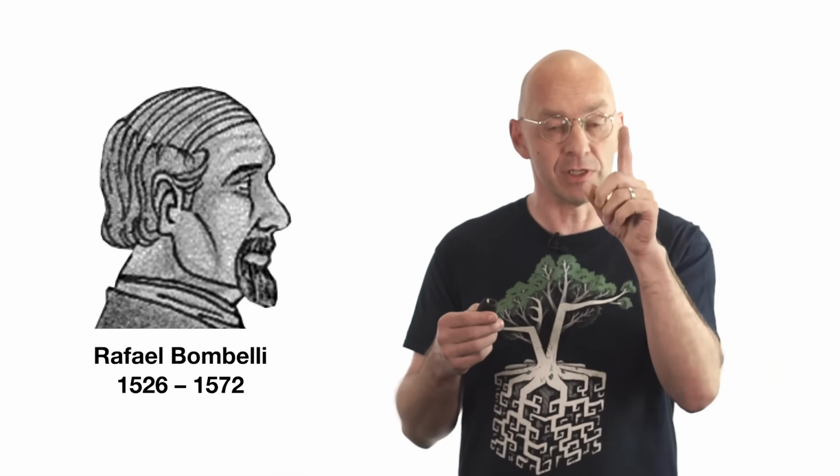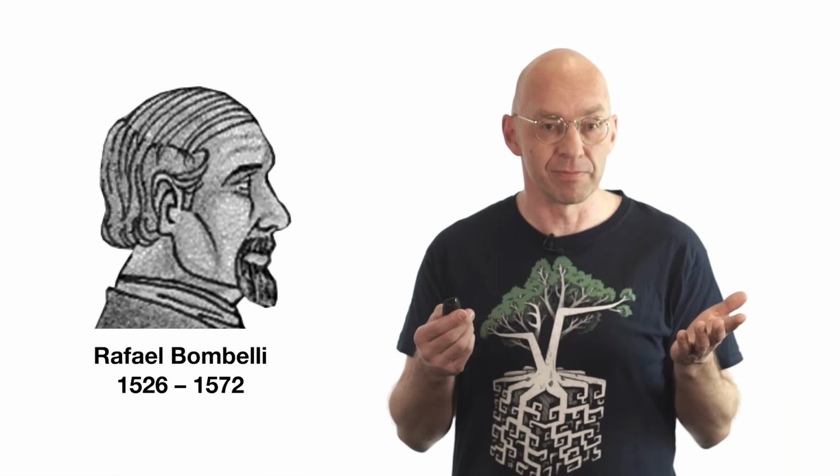In fact, the struggle to overcome the casus irreducibilis led to the discovery of complex numbers by Raphael Bombelli, not long after Cardano published the cubic formula. I'll make sense of the casus irreducibilis in the next chapter. First, let's just get all the cubic formula weirdness out of the open.